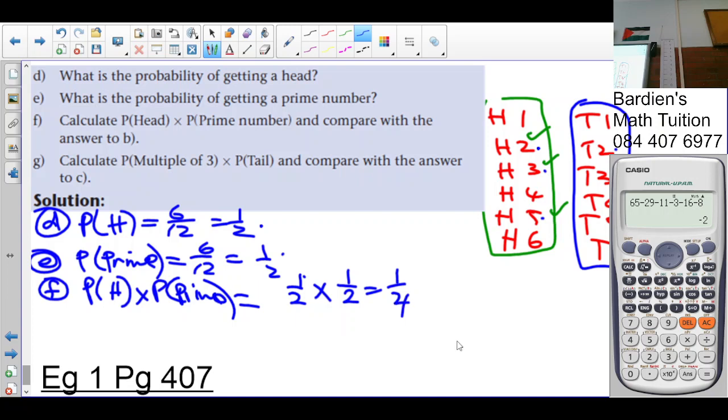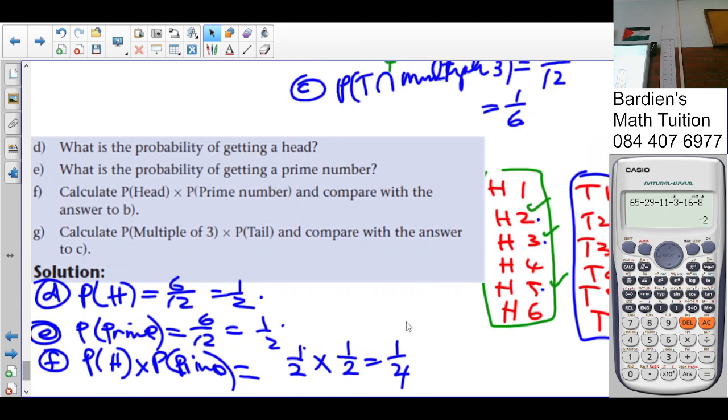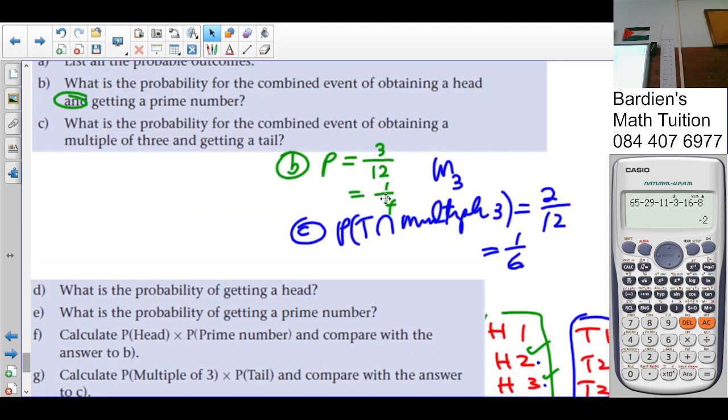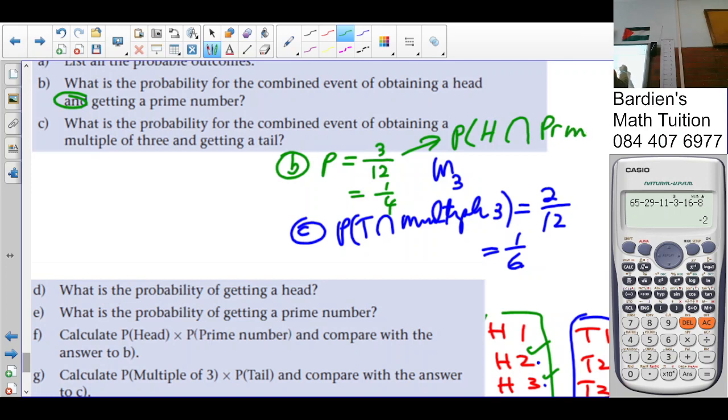Then let's compare with the answer in B. So what is your answer in B? B is also a quarter. And remember, this was the probability of the combined event of obtaining a heads intersection prime number. Can you see that? So just remember now, the probability of a heads intersection prime number is a quarter.